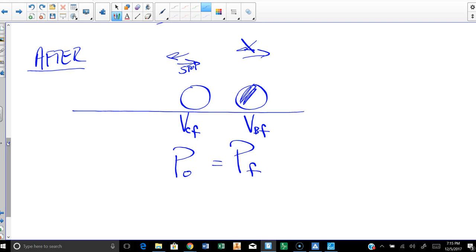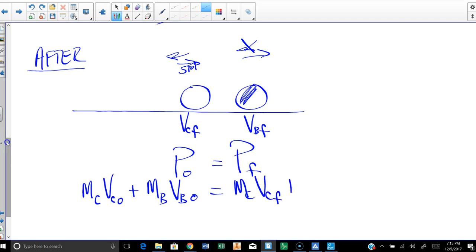And initially, there were two objects: mass of the cue ball times velocity of the cue ball initial, plus mass of the other ball times the velocity of that ball initial, equals mass of the cue ball times velocity of the cue ball final, plus mass of the other ball times the velocity of that ball final. All those things are there, except some of them are 0. So before they collide, we know that the other ball is stationary, so we're going to call that 0.